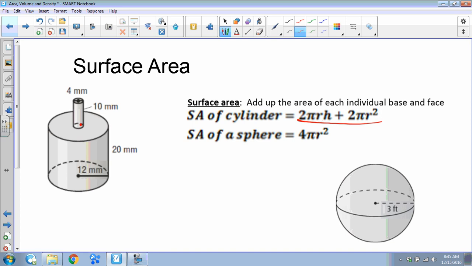The bottom of the cylinder on top. That's on top of the other one, so it's not exposed. So you don't include that in the surface area. Okay? So you have to do the surface area of the cylinder on top plus the surface area of the cylinder on bottom minus the area of one of these tiny circles. Okay?